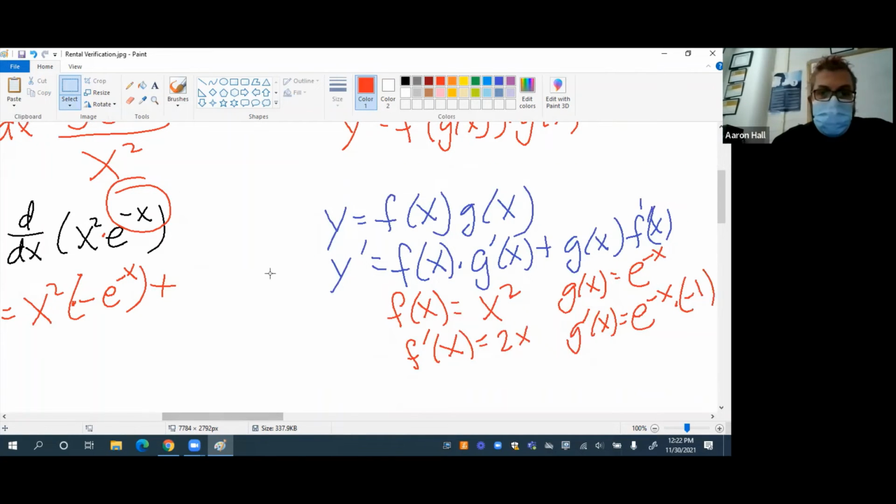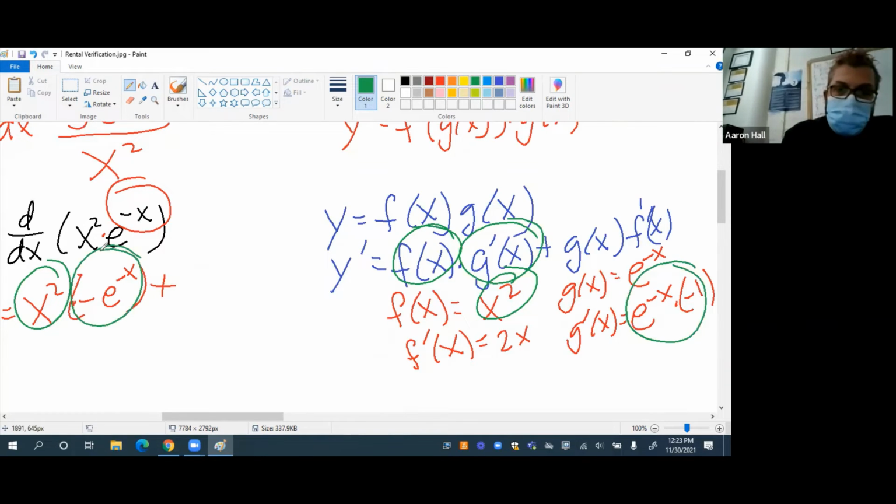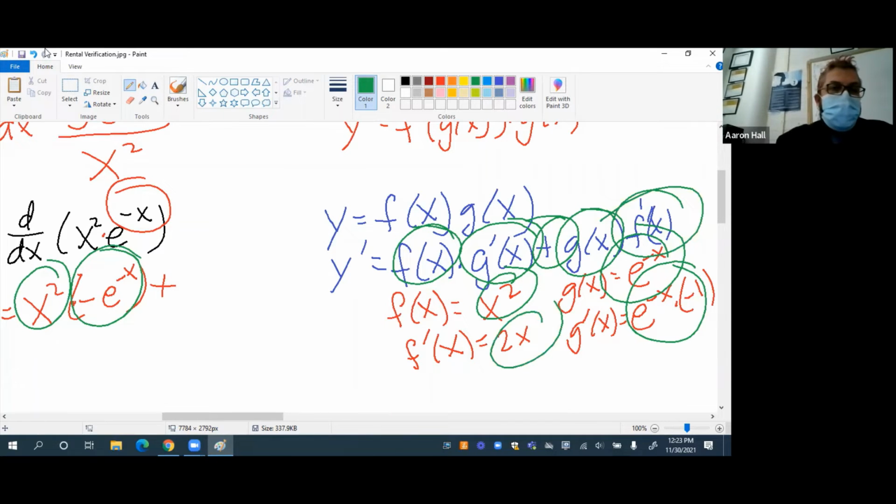All right, so we took our f of x, which was x squared, times our g prime of x, which is here, plus our g of x, which is e to the power of negative x, times our f prime of x, which would be 2x. We just line everything up.